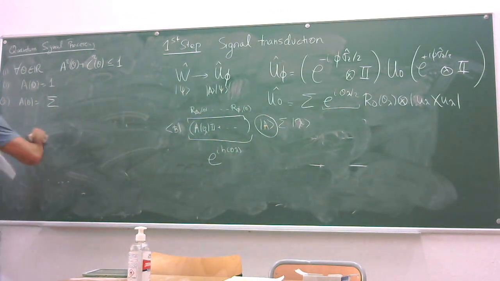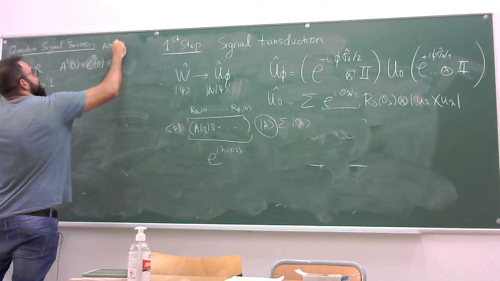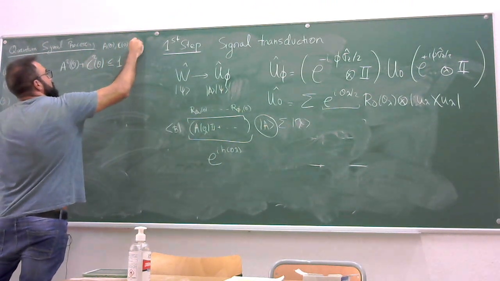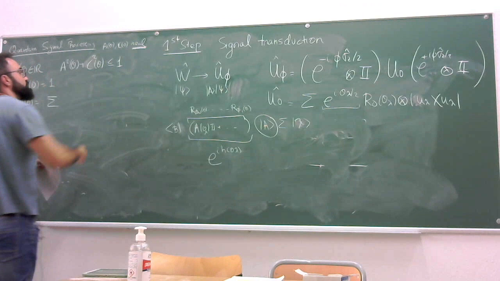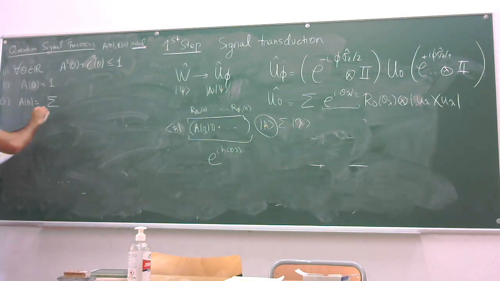Let's suppose that these are real functions. C of theta, real. And basically, we have to impose that this has a Fourier series.